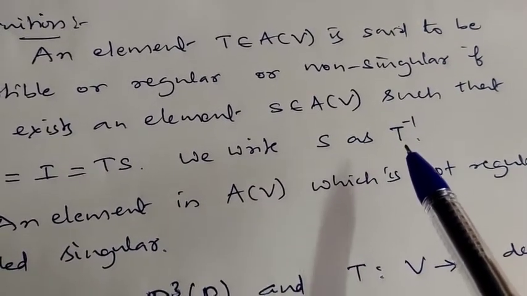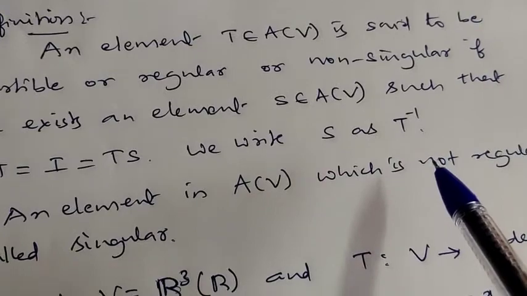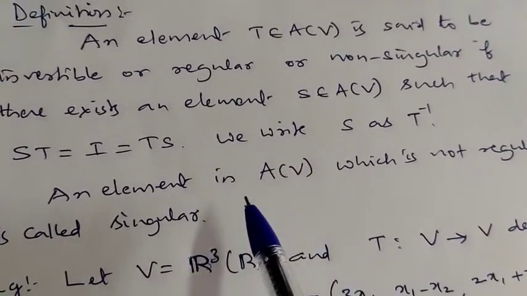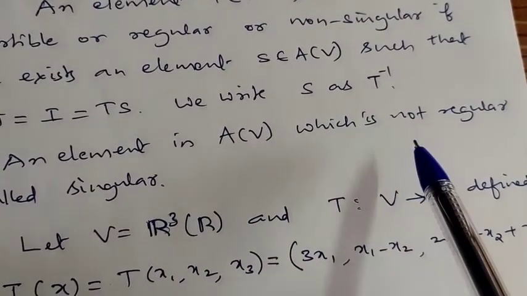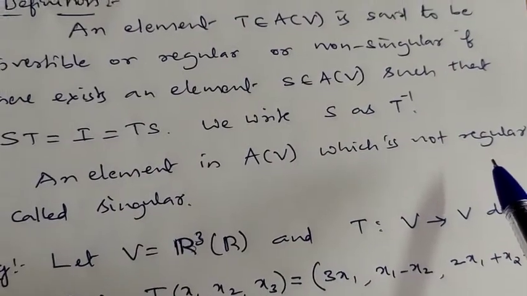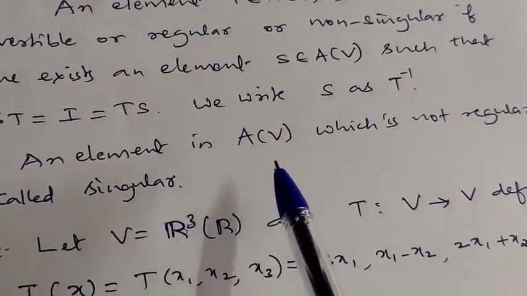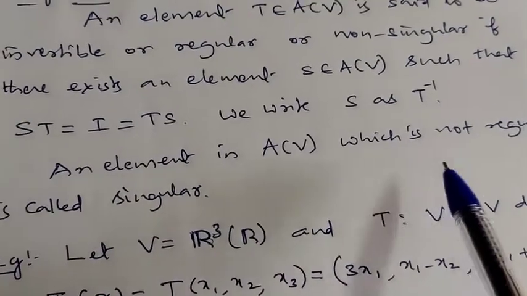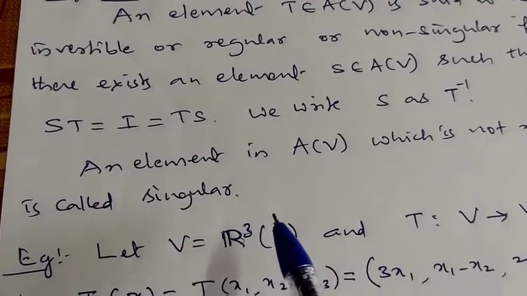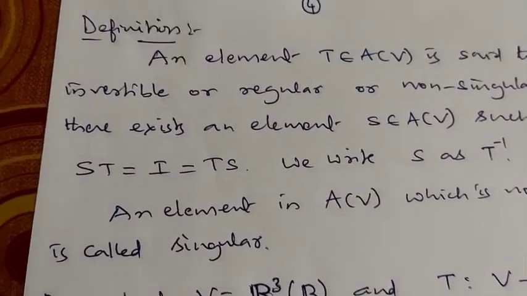An element in A of V which is not regular or not invertible is called singular. The transformation in A of V which is not regular is called a singular transformation.